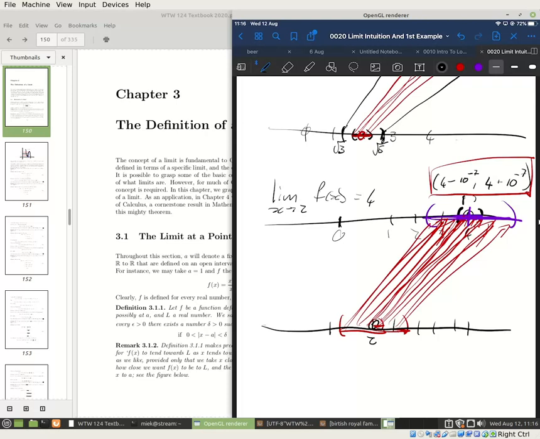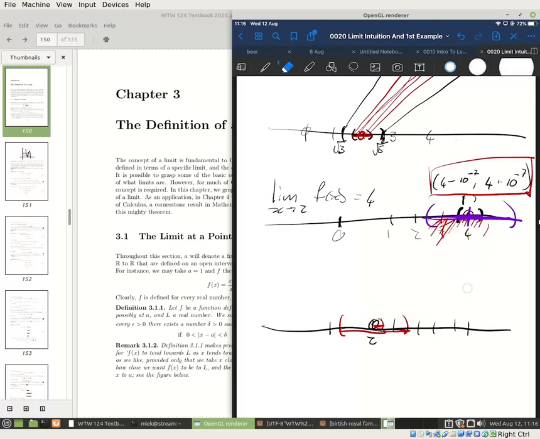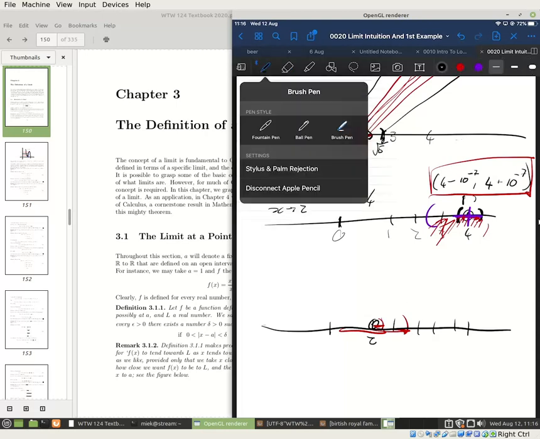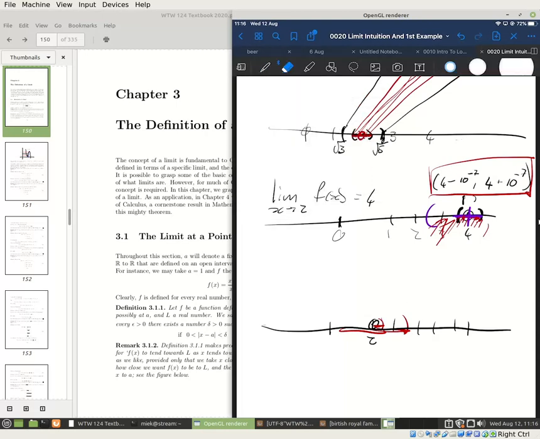And this should hold for every epsilon. So let's erase all of those. If we choose a different epsilon, that should still hold. For example, if we choose this epsilon, we should be able to find a delta, so that if we look at the delta interval, or the interval of radius delta around 2, all of these elements should map into that interval.